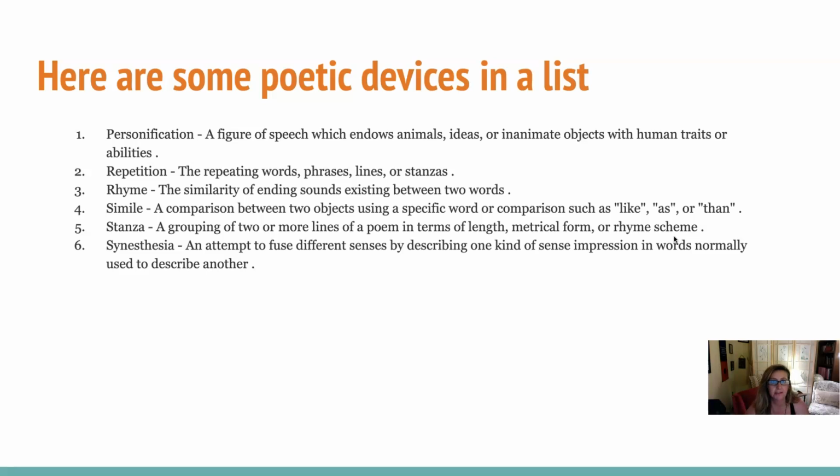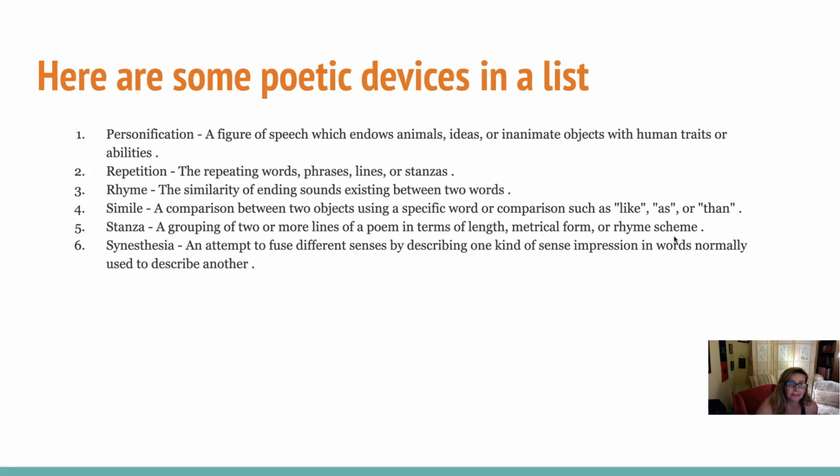Rhyme, the similarity of ending sounds existing between two words, rhyming. A simile, a comparison between two objects using a specific word of comparison, such as like, as, or than. A stanza is a group of one or more lines of a poem in terms of length, metrical form, or rhyme scheme. So when you're referring to that group in a poem, you would call it a stanza, which looks like a little paragraph, but it's a stanza. So when you're referring to that whole group of words, you would say stanza.